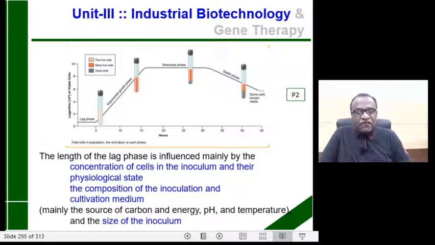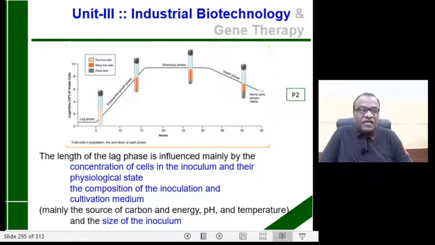The lag phase is the inefficient phase of the culture. Though the cells are metabolically active, they are adapting their physiological process to a new environment. No doubt they are metabolically active, but they are trying to adapt themselves to a new environment.